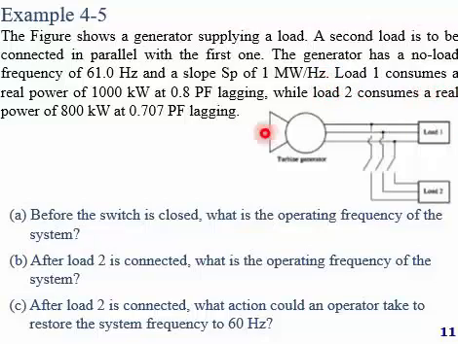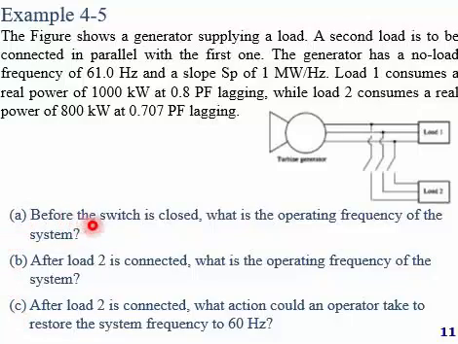Load 1 consumes a real power of 1000 kilowatt at 0.8 pf lagging, while load 2 consumes a real power of 800 kilowatt at 0.707 pf lagging. So we have to calculate the three parts A, B and C.